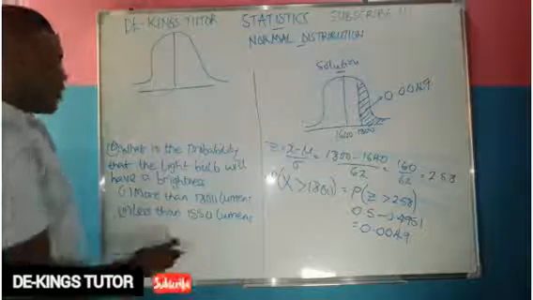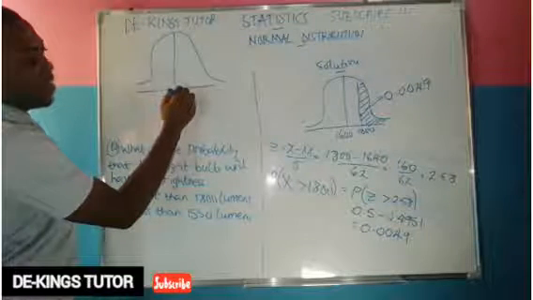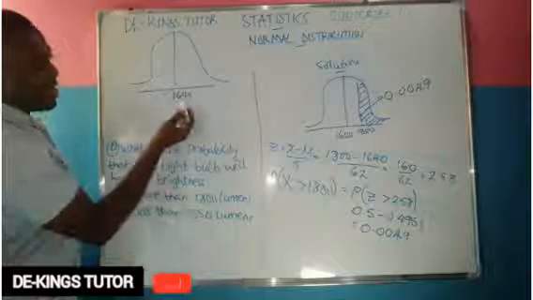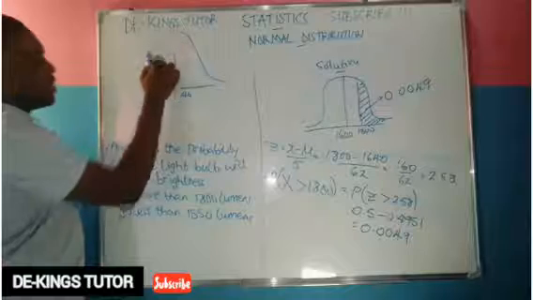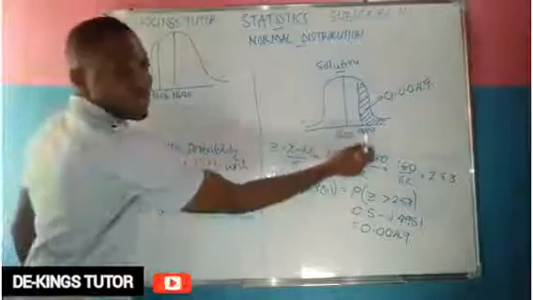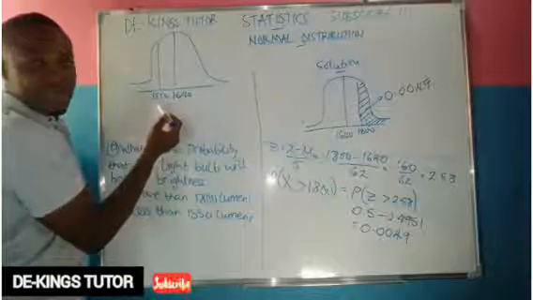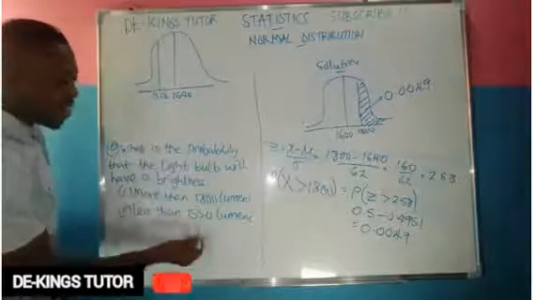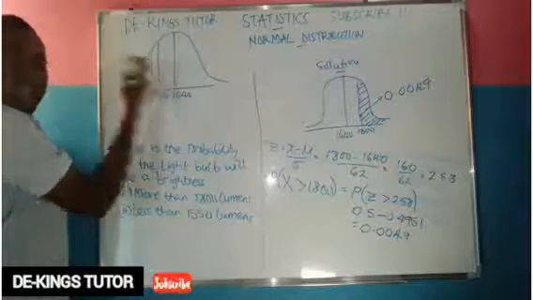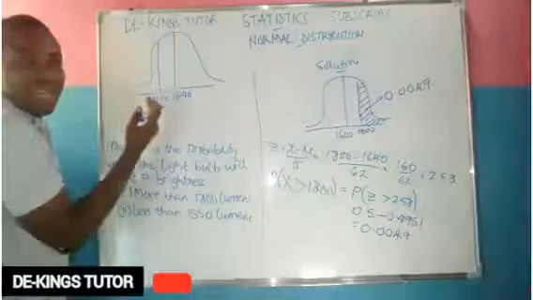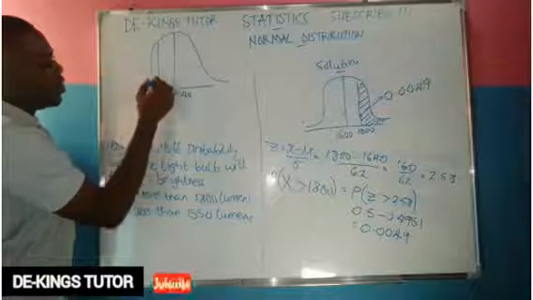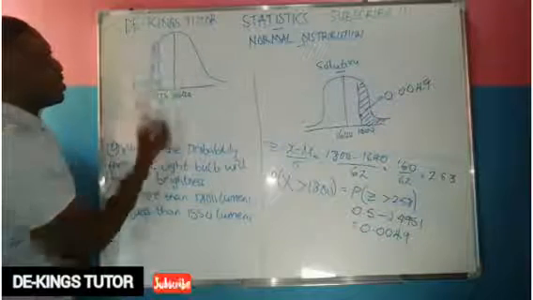Now less than 1,550. Remember, this is still our mean, the middle. 1,550 should be less than this, so it will be at this point. This one that was greater, I'll take to the right. This one that was less, I'll take to the left. Now it says less than 1,550 lumens. Less than means the value is to the left. I told you less than means from your x value down to the left hand side. So it is all this side.